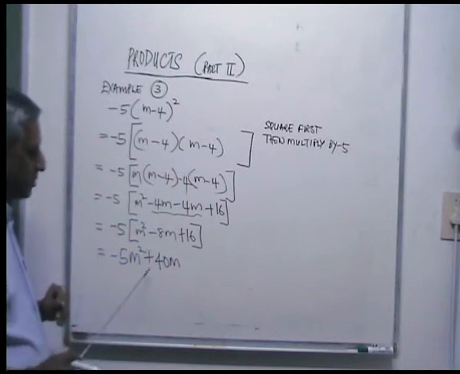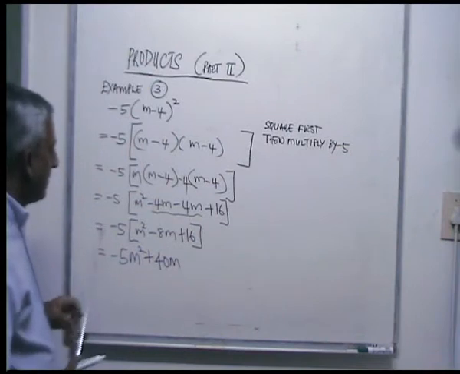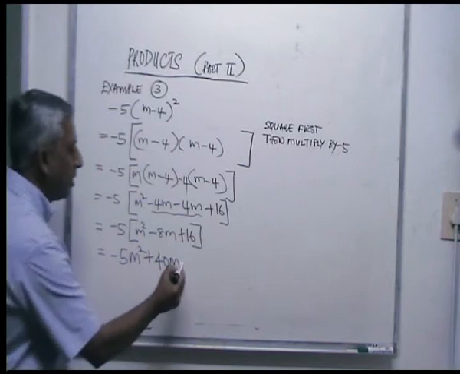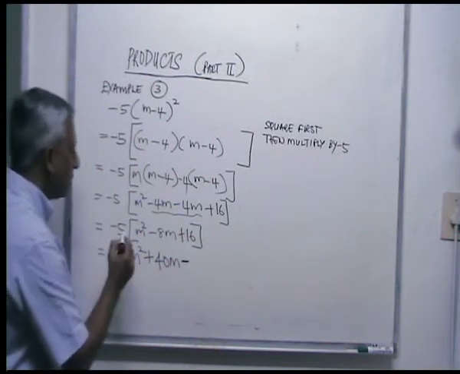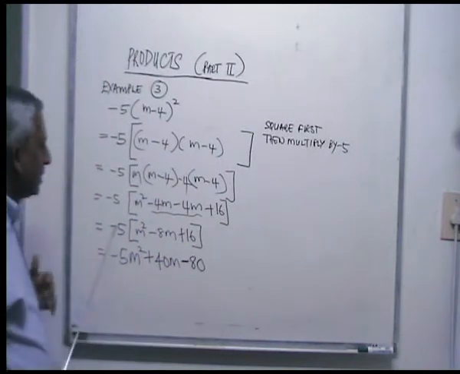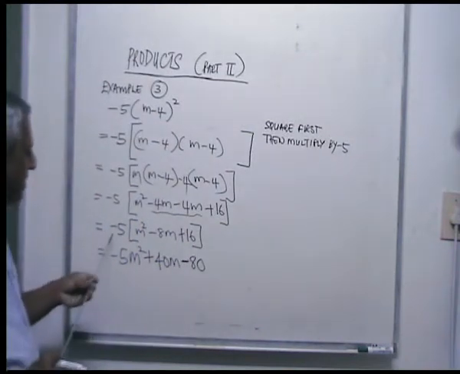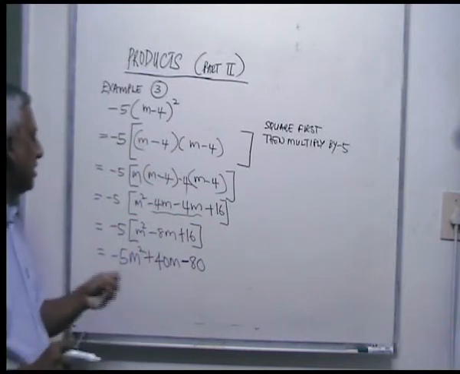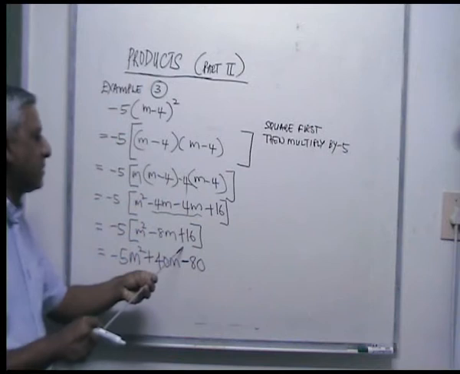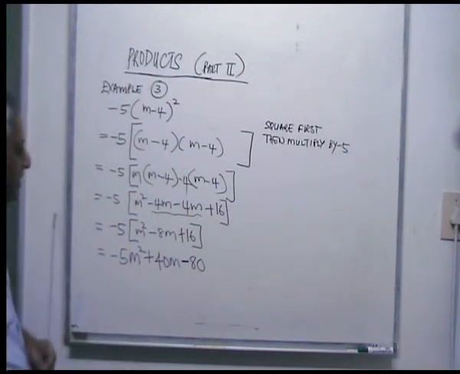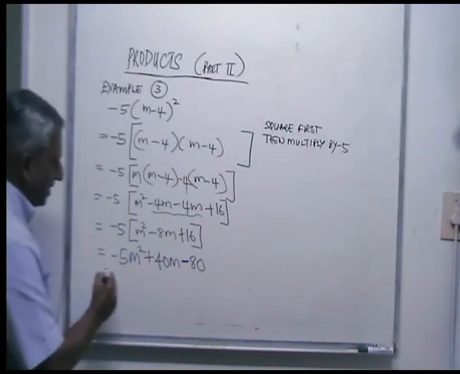Minus times minus will give you plus 40, and then minus times plus will give you minus 80, and 5 times 16 gives you 80. But if you don't know the rules, no problem, put in your calculator. Minus 5 times minus 8, you will get plus 40. Minus 5 times plus 16, and you will get minus 80. Alright, so that's your final answer.